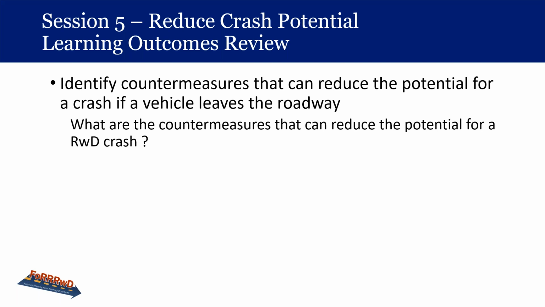Object markers, increase clear zone, cutting trees, removing obstacles, move poles, flatten slope, extending clear zone, gentle side slopes, rumbles, signage, remove trees, 4-to-1 slope, larger clear zone, signs, chevrons, delineations, add clear zone.